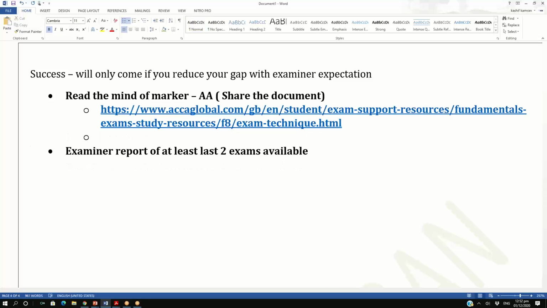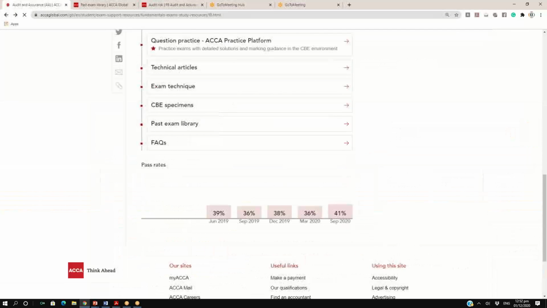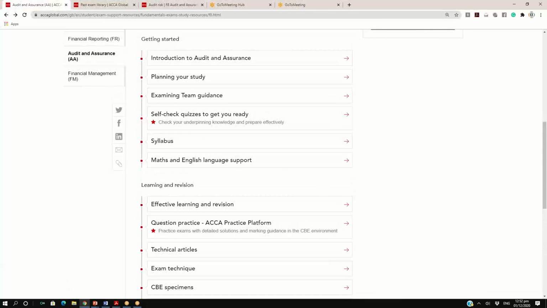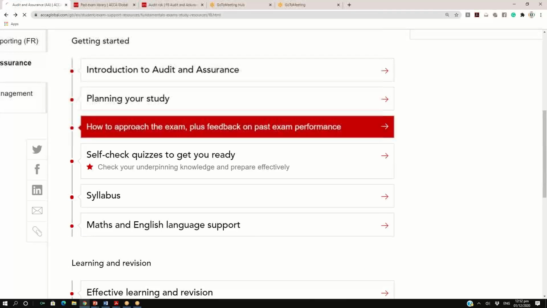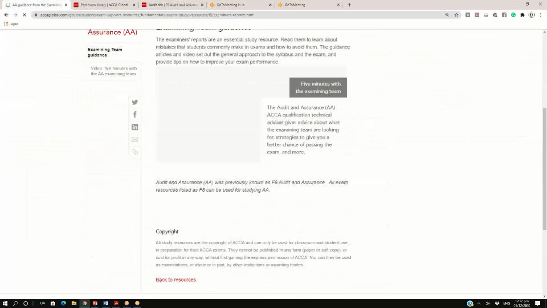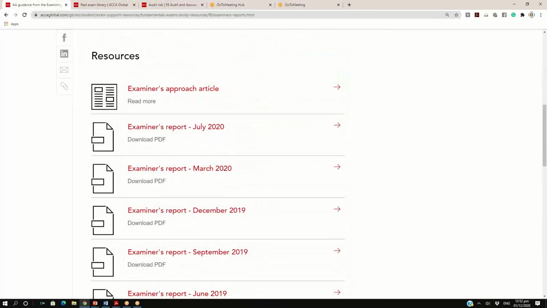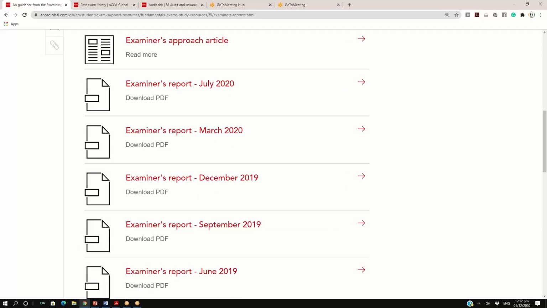And for the examiner reports, what you should do, you go back to the same page of the AA and you will find over here examining team guidance. So you click on examining team guidance here and you go to the examiner reports. Over here, you can see the July 2020 examiner report, the March 2020 and the December 2019.